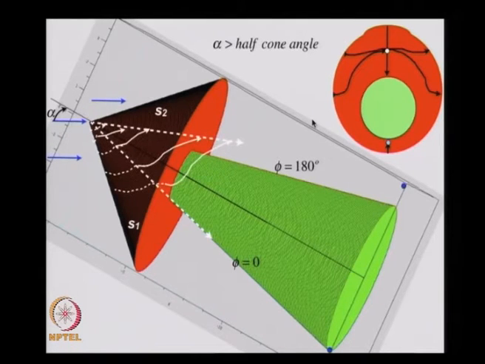Now there is something else here. For example, in this particular case, v theta and v phi are finite.